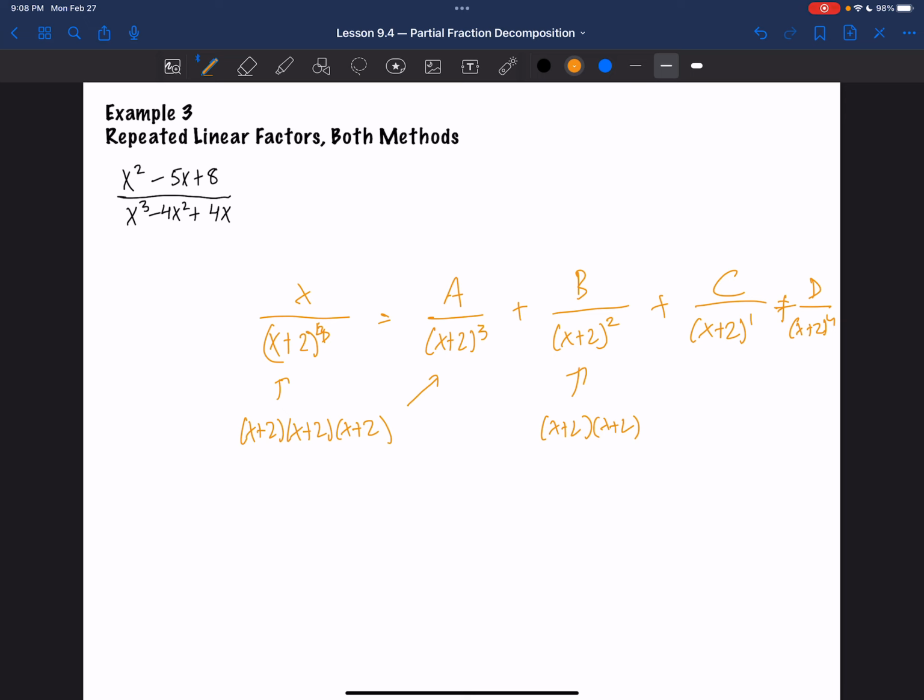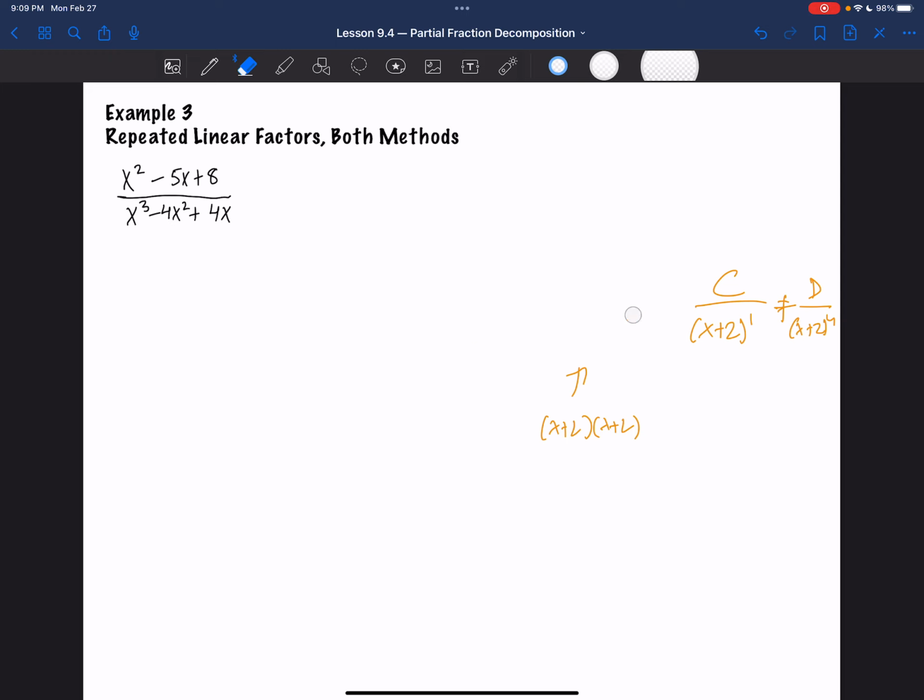When you do get to quadratics in pre-cal, it is the same thing. That's the exact same idea. It just looks a little bit different because it's quadratic. But for repeated factors, you need to have every power descending from highest to 1. So that's kind of how that decomposes.